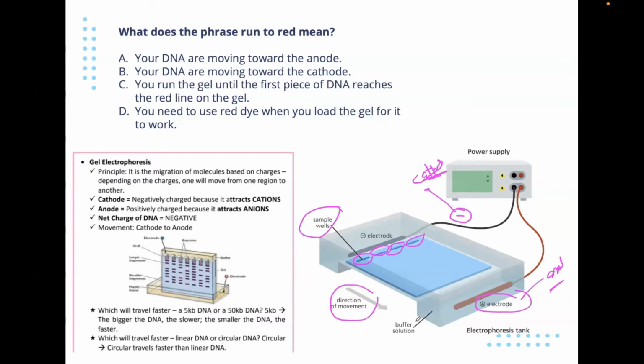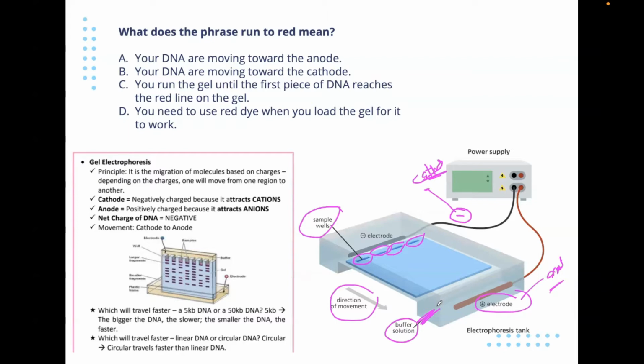Okay? Next is what we call your buffer solution. It is located here at the side. Your buffer solution carries the current and protects the sample. Because it is a buffer, it has a pH and neutralizes the pH, protecting the sample, since the DNA and the poured dyes have different pH.